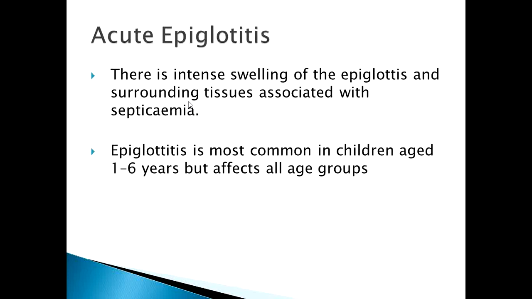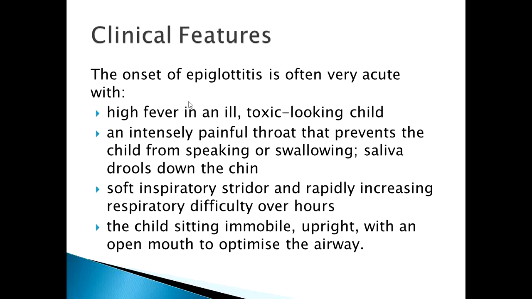There is an intense swelling of the epiglottis and surrounding tissues associated with septicemia. Epiglottitis is most common in children aged 1 to 6 years but affects all age groups. The onset of epiglottitis is often very acute with high-grade fever. This is in contrast to the group in which there is low-grade fever, toxic-looking child.